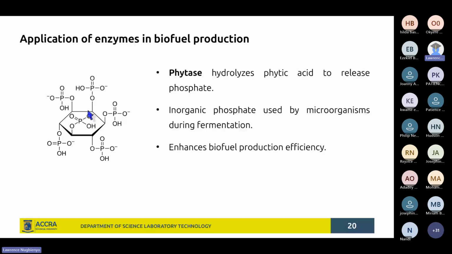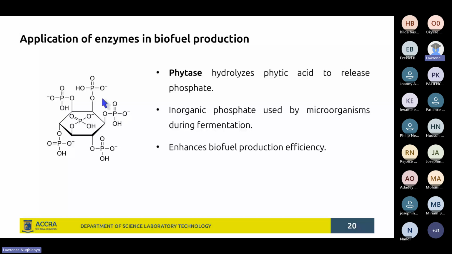You can say it's a derivative of monosaccharide, a monosaccharide which has been modified such that phosphate groups have come to replace all the hydroxyl groups which were on these carbons before.